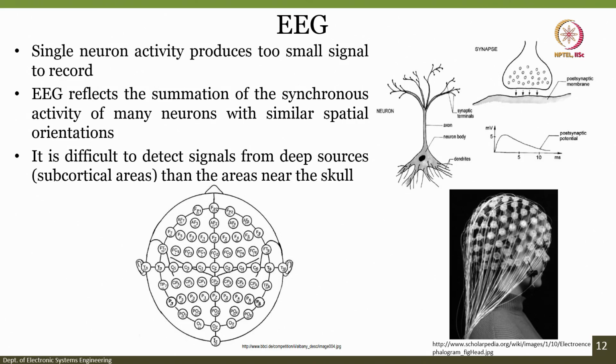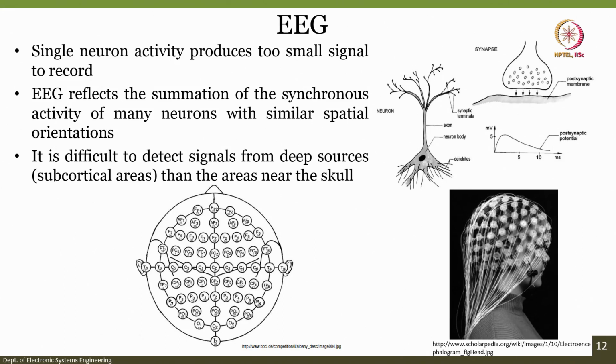So, single neuron activity produces too small a signal to record, right. If you just go to single neuron activity, sometimes people call it action potentials. It is a very small signal to record, and you have to have a very sophisticated device to record those.